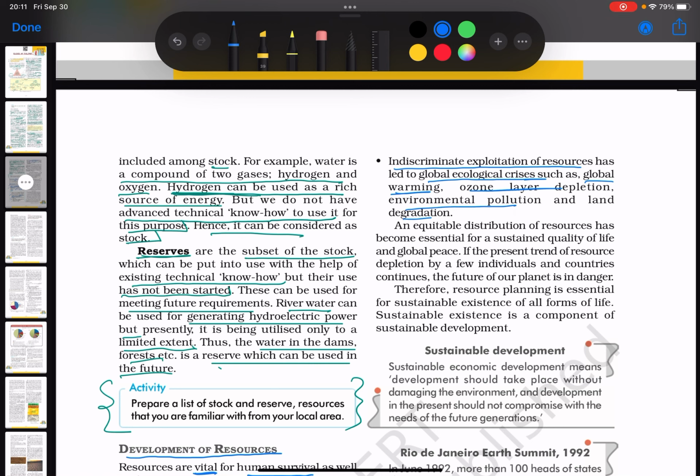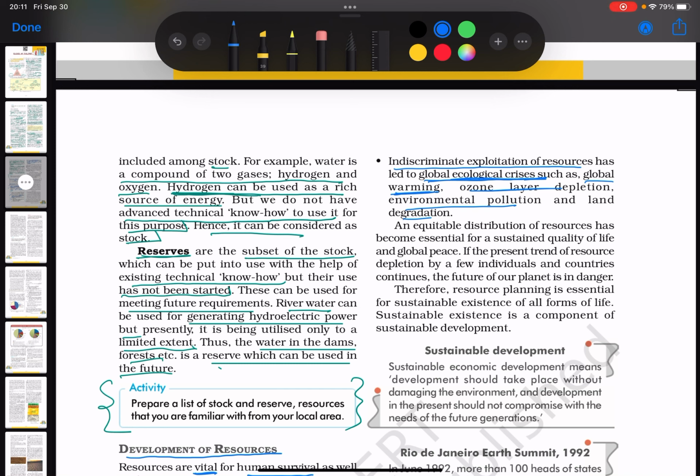Now this year, for example, global warming has really caused places which were not generally cold to become heated up. There are spot rains and there are floods in areas where you couldn't have thought of having floods. These are all indications of how the resources that are being used indiscriminately lead to this global ecological crisis.